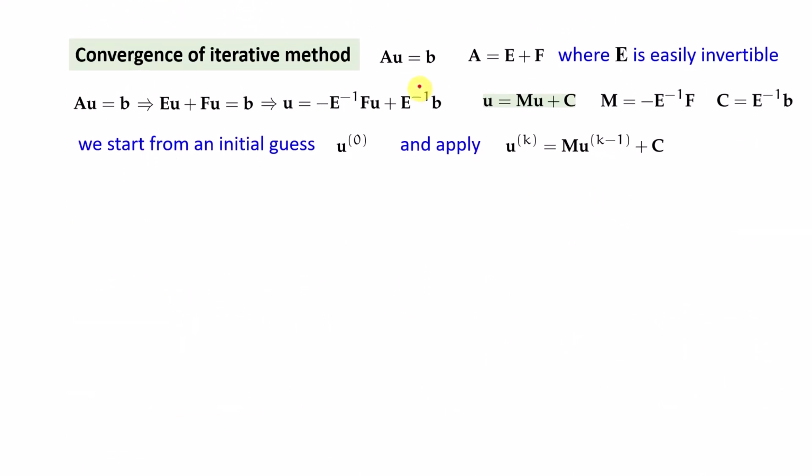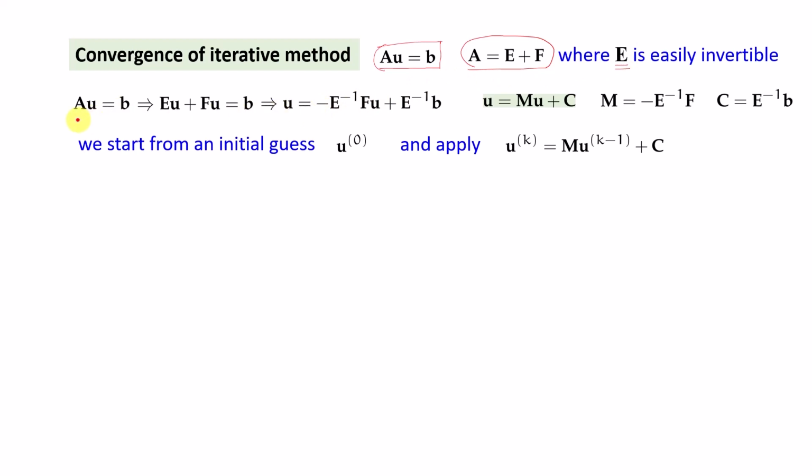Recall our discussion on the theory of iterative methods. Let us say we are trying to solve for U from this linear system AU equals B. In an iterative method, we break A as E plus F, where E is some sort of an easy matrix that we can invert easily.